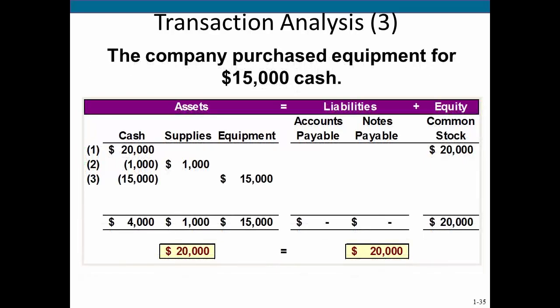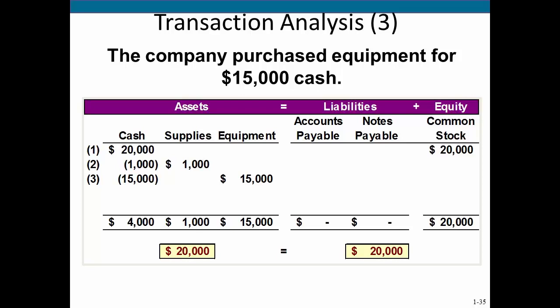The company purchased equipment for $15,000 cash. Cash is reduced by $15,000 and equipment is increased by $15,000. The balance in our cash account is now $4,000. We have a current balance in supplies of $1,000 and in equipment of $15,000.